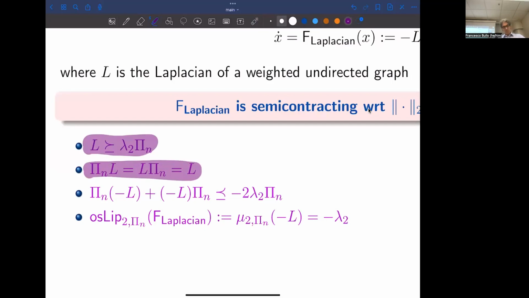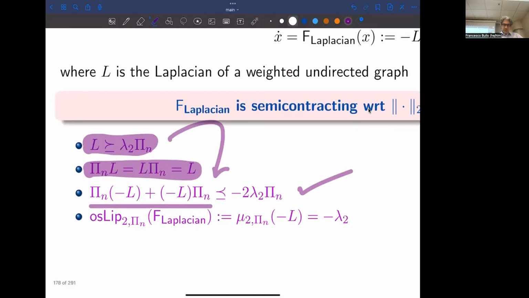It commutes with the projection Pi_n, which means that you can take the first equation, and because of the second equation, you can rewrite it like that. This is exactly the semi-contractivity LMI, which tells you that the log semi-norm of minus the Laplacian matrix with respect to the 2 comma Pi_n seminorm is equal to minus lambda 2, the algebraic connectivity of the graph.